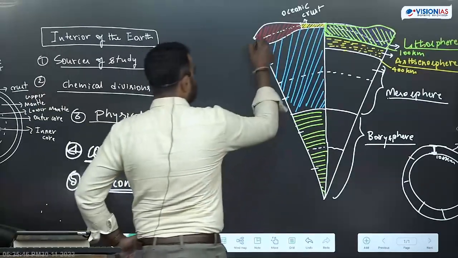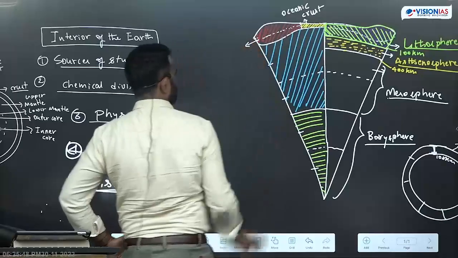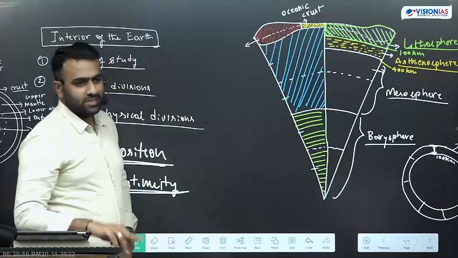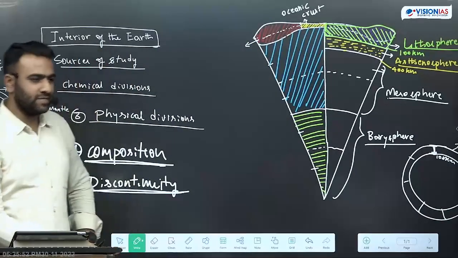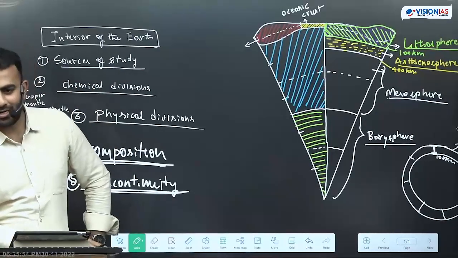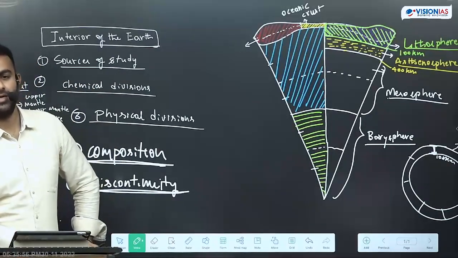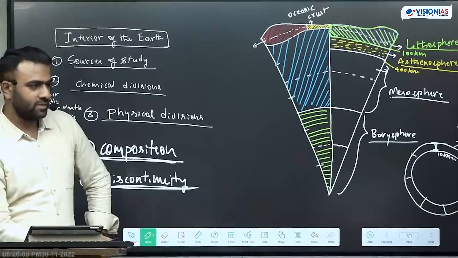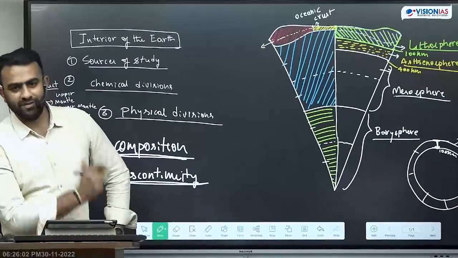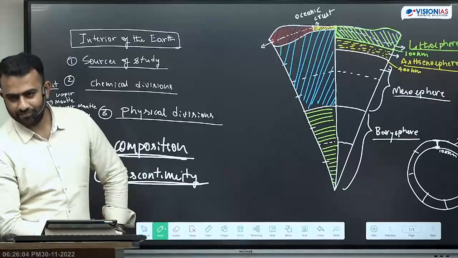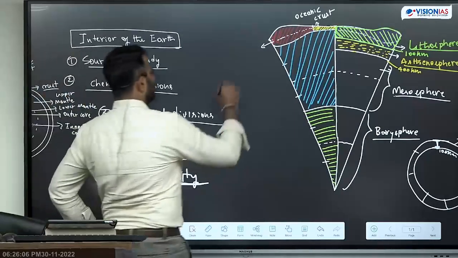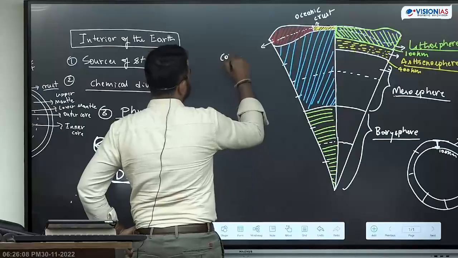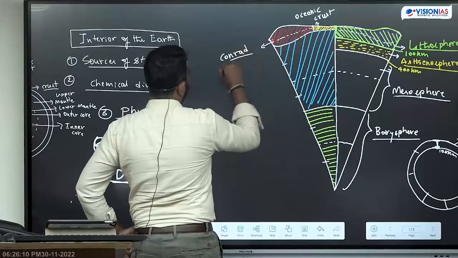While moving inside the continental crust, we experience sharp differing characteristics between the upper continental crust and lower continental crust. Within the continental crust, we experience a sharp difference at one depth. That is our first discontinuity, which is called the Conrad discontinuity.